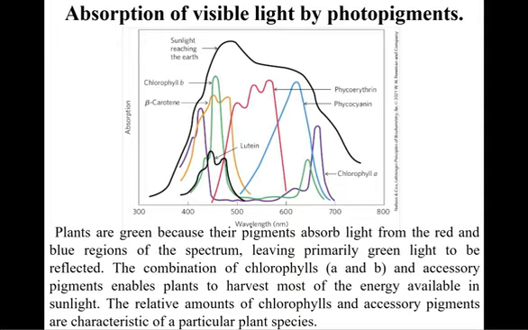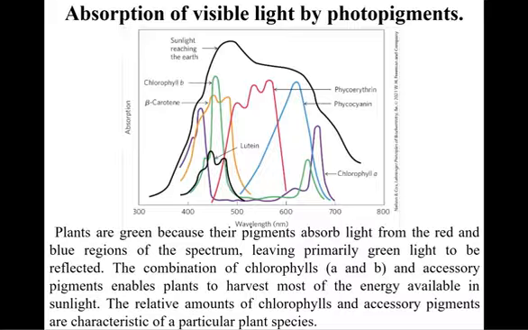As the sunlight is around the plant, notice that all of these pigments are trying to absorb as much of the sunlight energy as possible. Plants are green because their pigments absorb light from the red and blue regions of the spectrum, leaving primarily green light to be reflected.